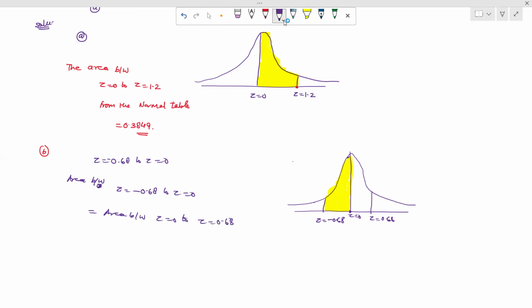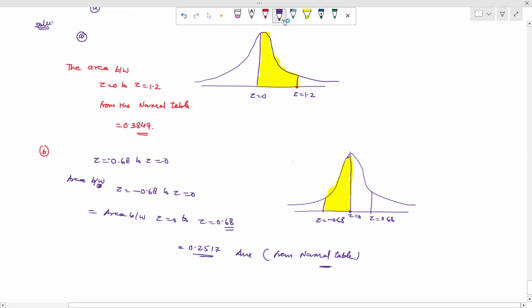We have already seen this area for 0.68, which equals 0.2517 from the normal table. How to check? First we check 0.6 vertically and 0.08 horizontally and take the intersection value. So this is our answer.